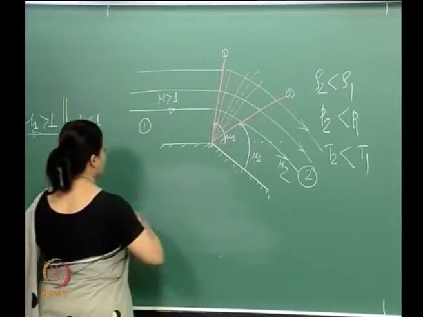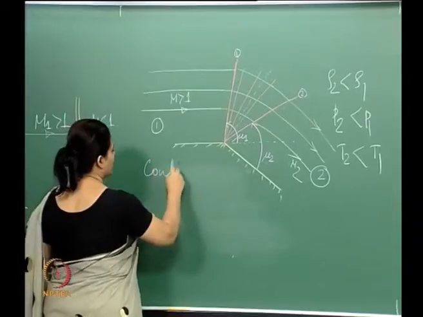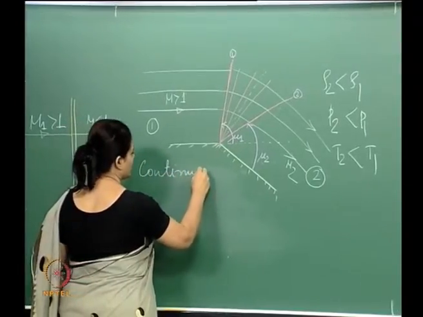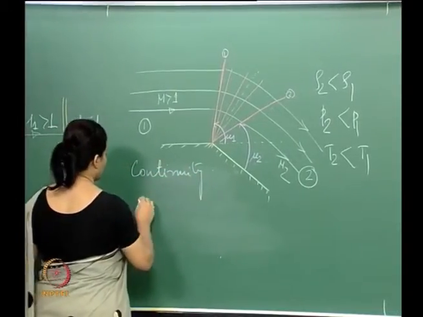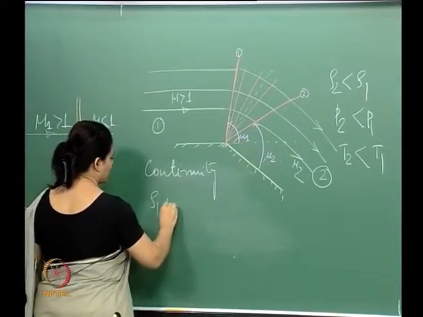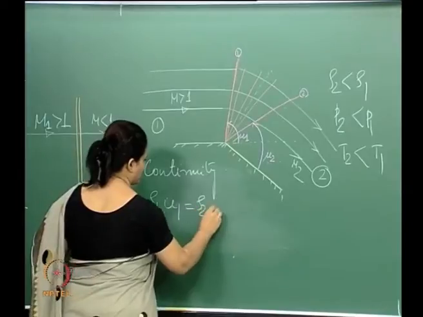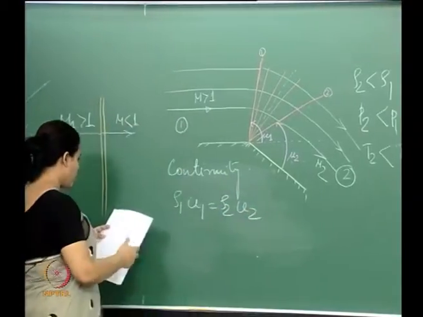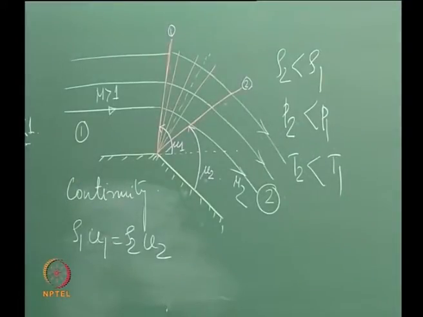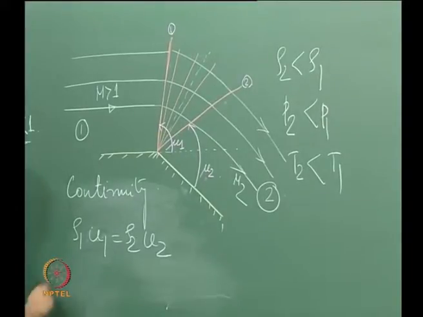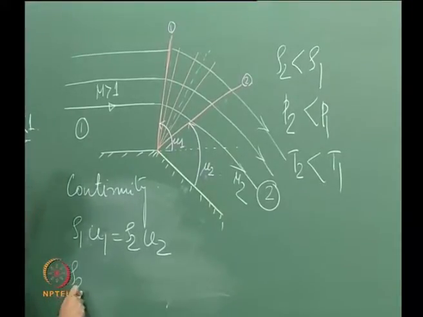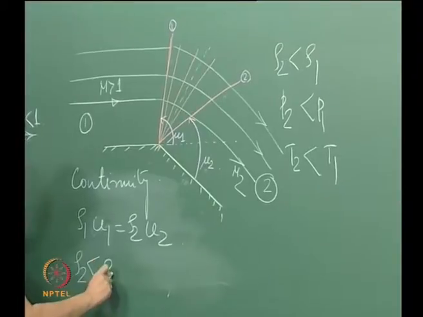the continuity equation still holds, right. So, we have the continuity equation, which is rho 1 u1 is equal to rho 2 u2, right. But what happens here is that rho 2 is less than rho 1.